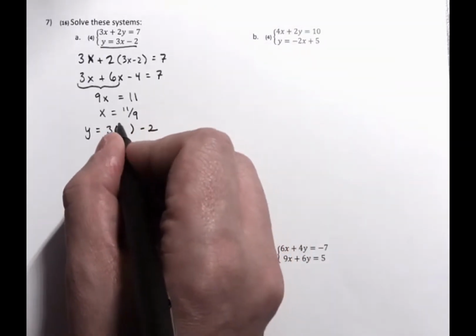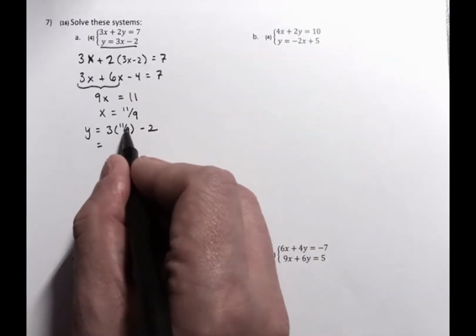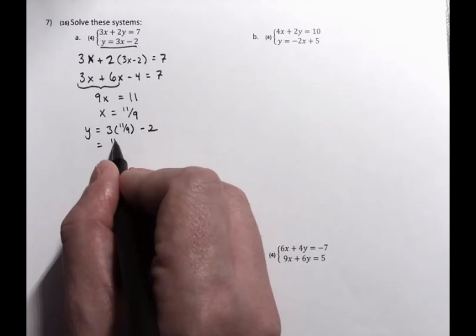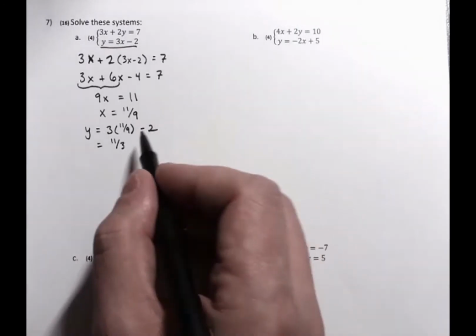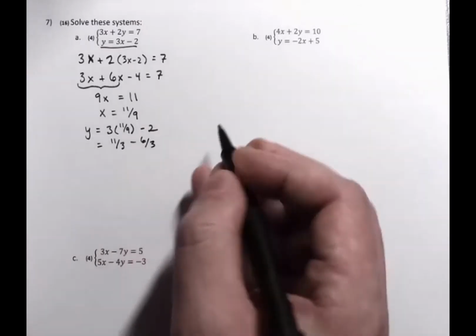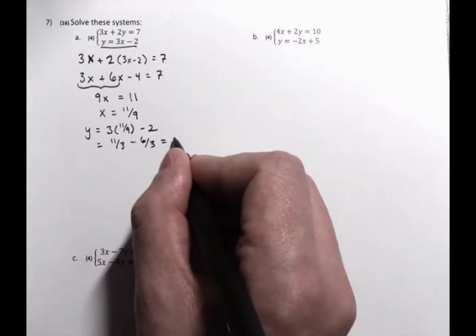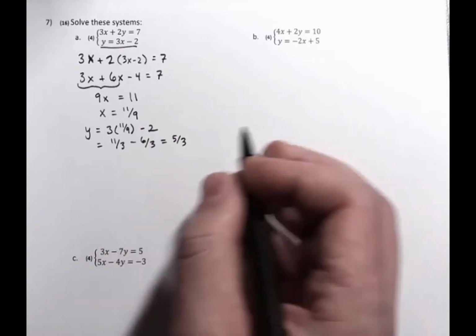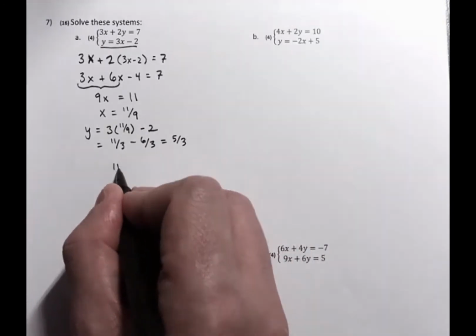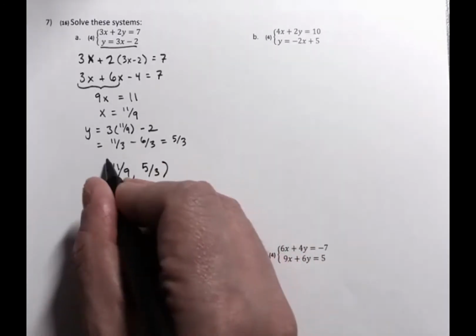X is 11 over 9. Let's see, 3 times 11 ninths is 11 thirds, and 2 is the same as 6 thirds. So y comes out to be 11 thirds minus 6 thirds, which is 5 thirds. So it appears the solution here is 11 over 9, comma 5 over 3.